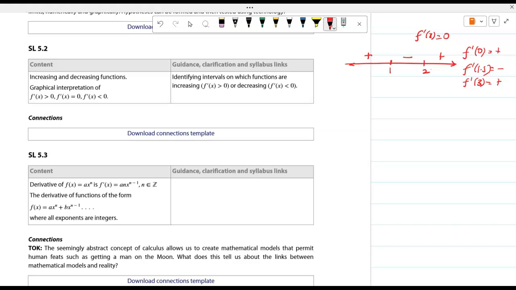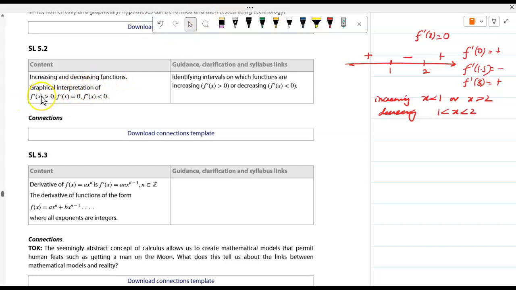So it's increasing when x is less than 1 or when x is greater than 2, and it's decreasing between 1 and 2. So this is what we do.